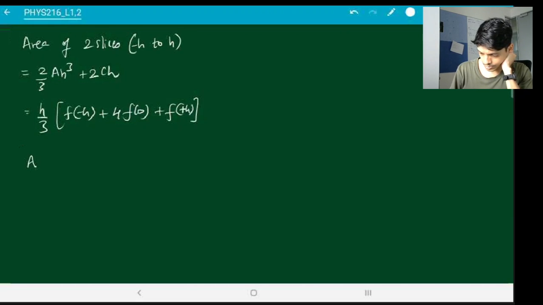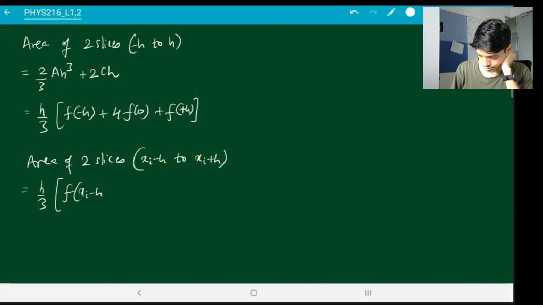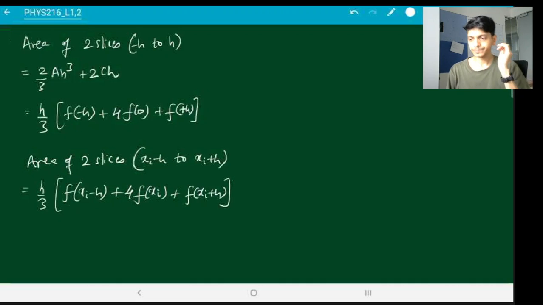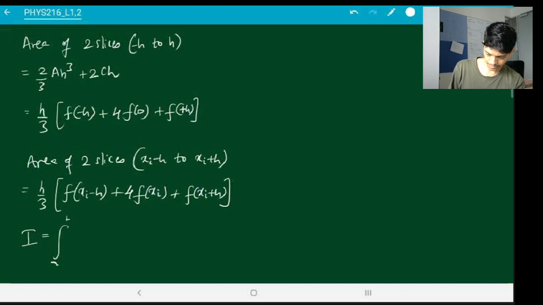If your slices were from xi minus h to xi plus h, then this would be h by 3 times f of xi minus h, f of xi, f of xi plus h. And now the total integral that we are interested in, which is the integral from a to b, is just the sum over all of these two slices.